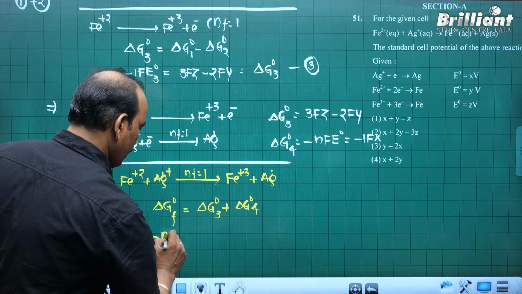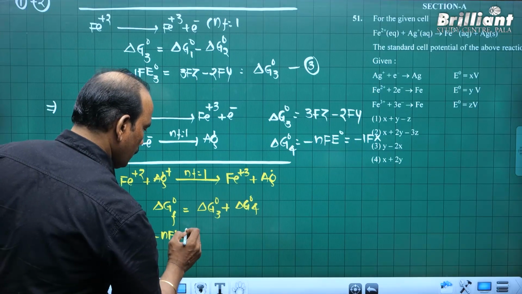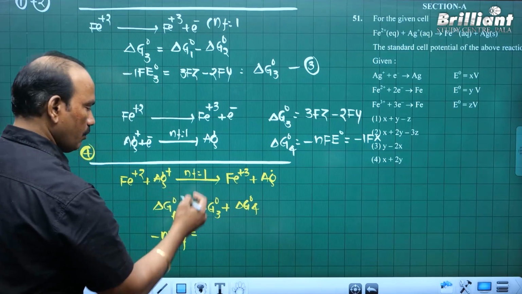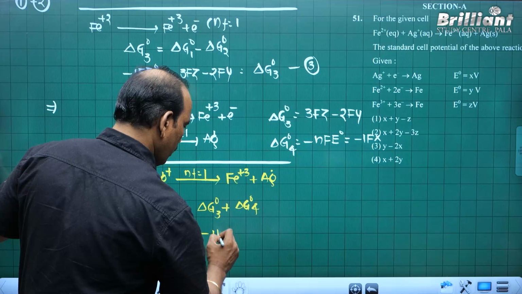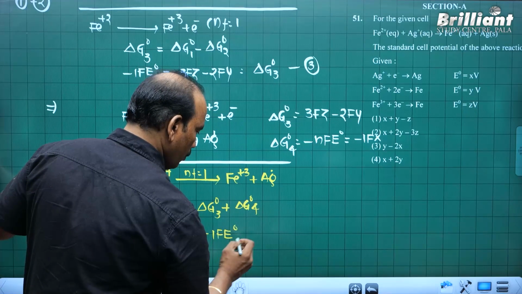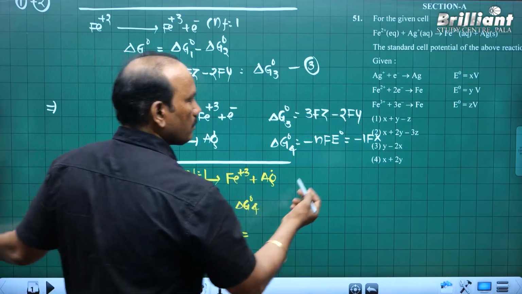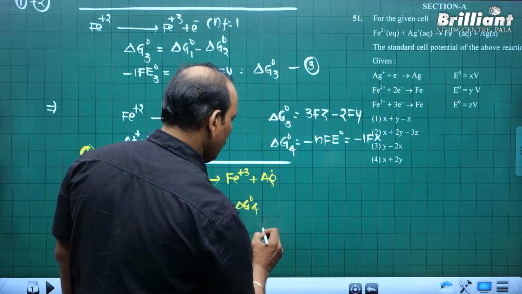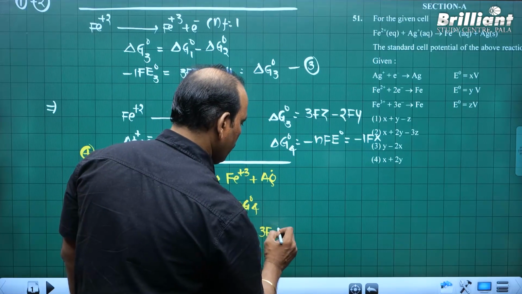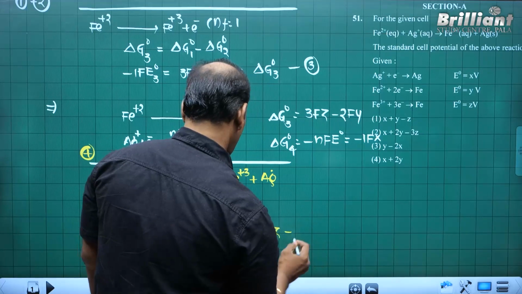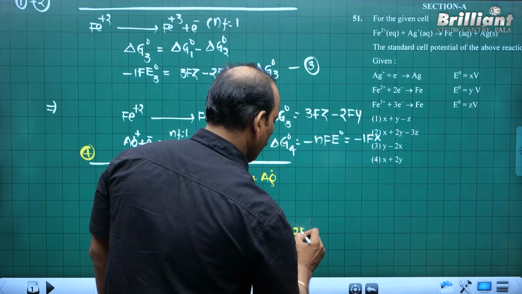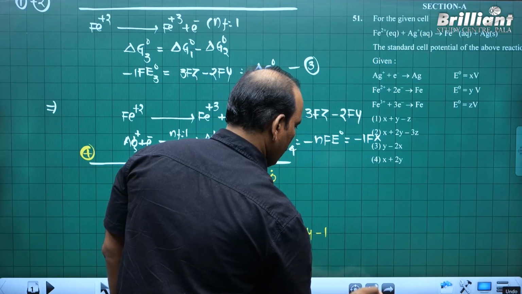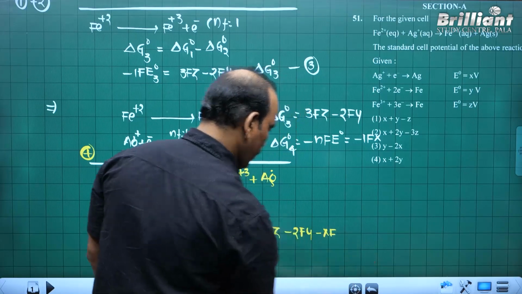Minus nF E0 final is equal to, what is the value? 1, minus 1F E0 is equal to, what is the total value of this one? You are adding this. The value is 3FZ minus 2FY minus XF. Okay.